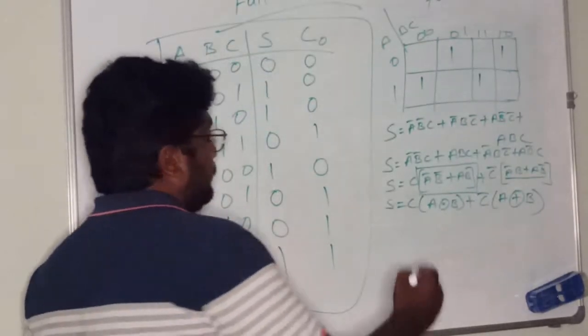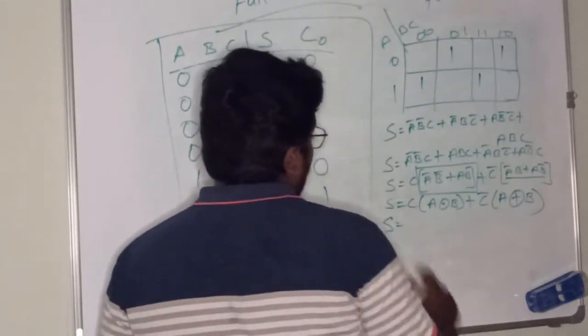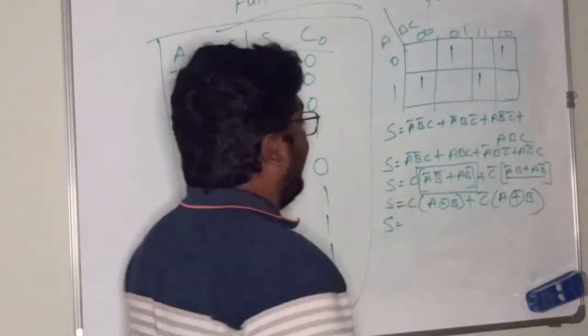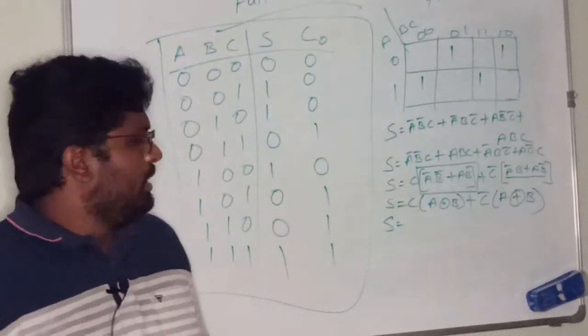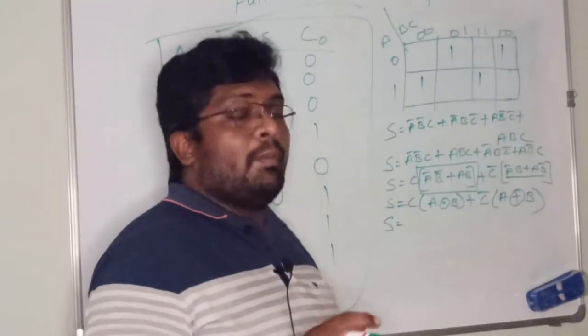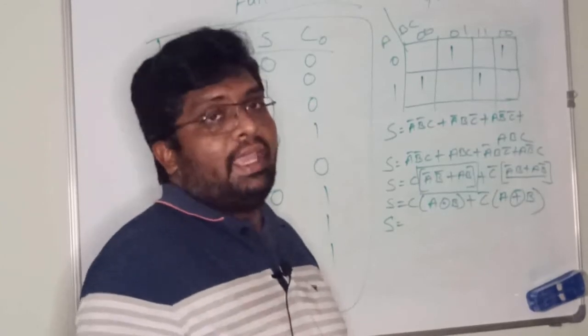So now the sum S is equal to, as we are already familiar with these XOR and XNOR representations, the complement of XOR is nothing but the XNOR.